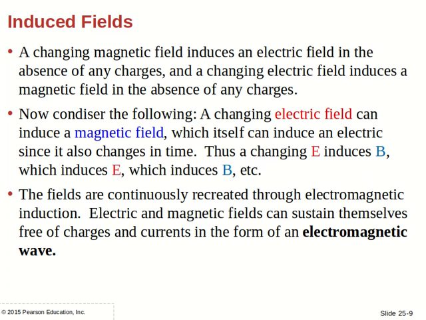Thus, a changing E can induce B, which induces E, which induces B, etc., ad infinitum. And this is basically the idea behind an electromagnetic wave. The fields continuously reproduce each other. The fields are continuously recreated through this process we call electromagnetic induction.